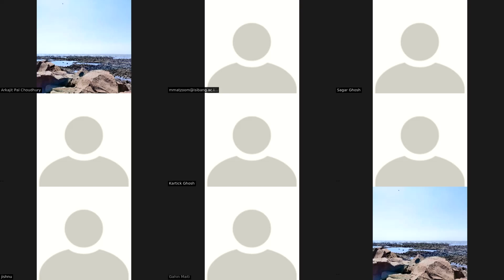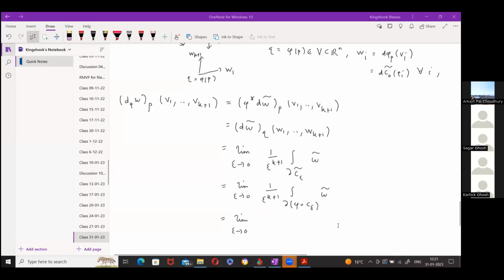Okay, so let's continue. So this integral here, when I integrate over the boundary of phi composed with C epsilon, that is the same as pulling back omega tilde by phi composed with C epsilon and integrating over the boundary of the unit k plus 1 cube. So when I pull back by phi composed with C epsilon, that's the same as first pulling back by phi and then pulling back by C epsilon.